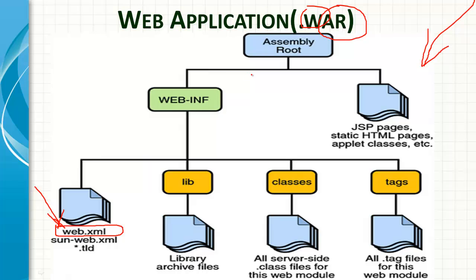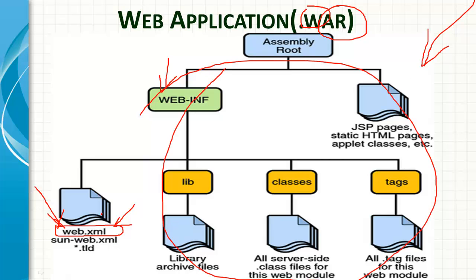So at the assembly root, it says that I'll look for a WEB-INF folder, and within that folder I'll look for a file called web.xml. If I don't find it, I can't help you. Right? I need to have my web.xml deployment descriptor to understand what you have provided within your WAR file.